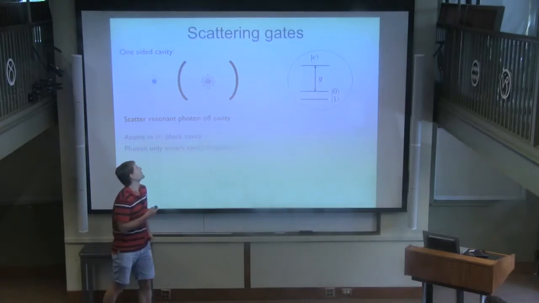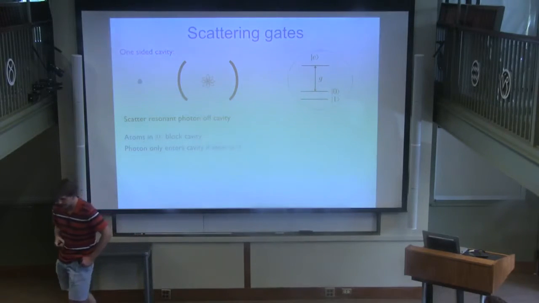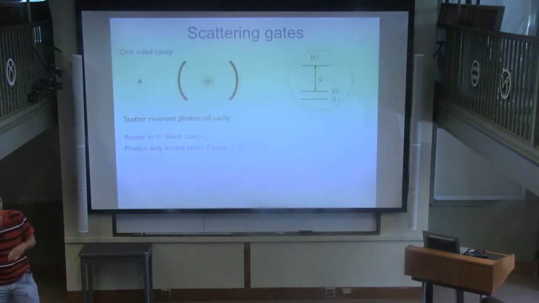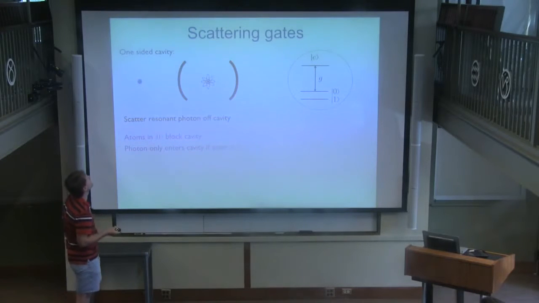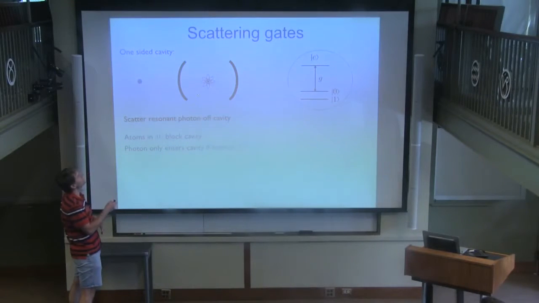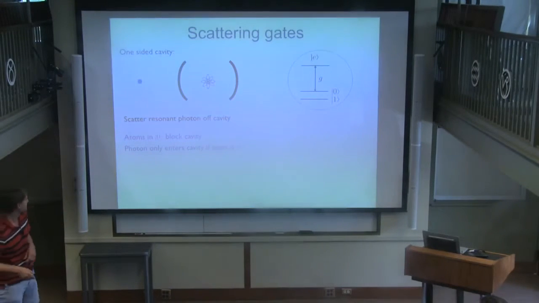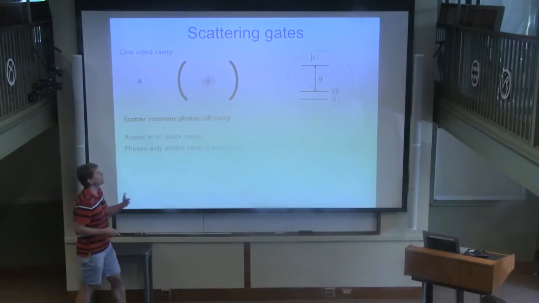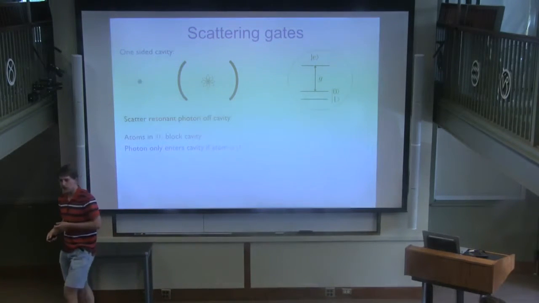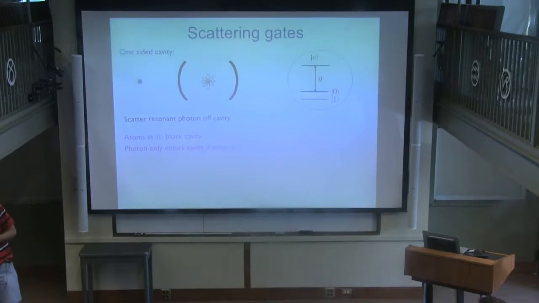So if I can actually do what Misha is showing, and Jeff Thompson showed in the experiment, I can first send in a single photon, flip the atom, and then this would be a way to make gates between photons. Now the problem is that this, of course, requires very good cavities and atoms strongly coupled.